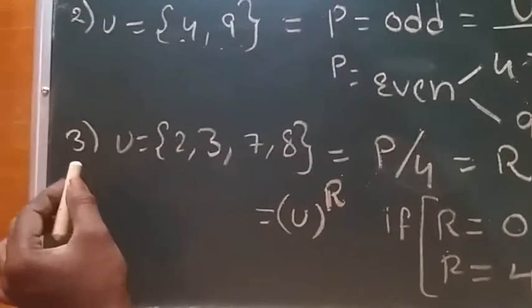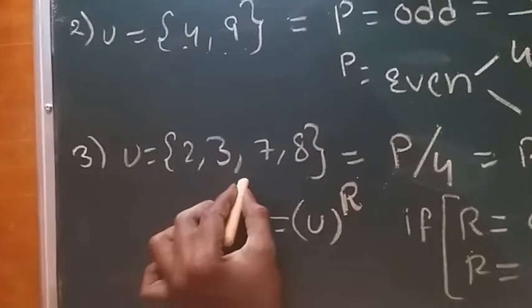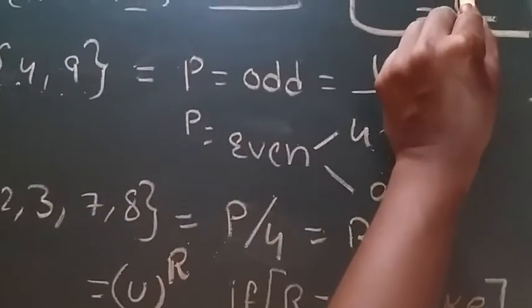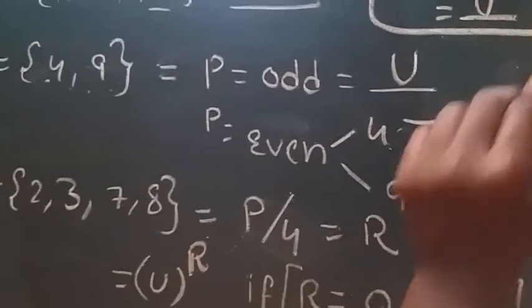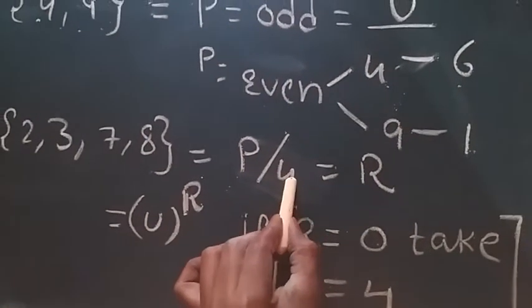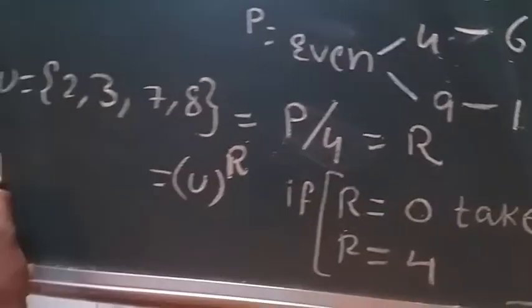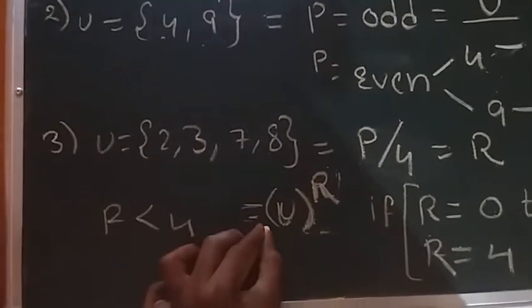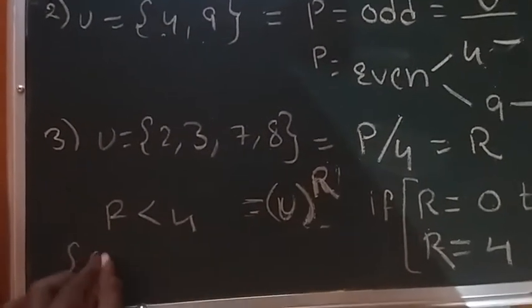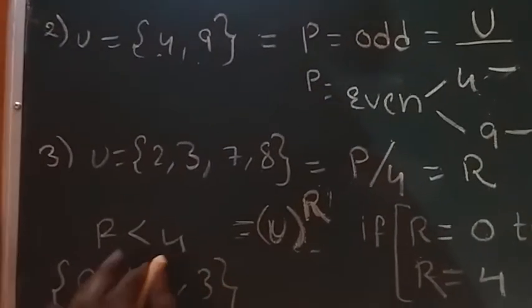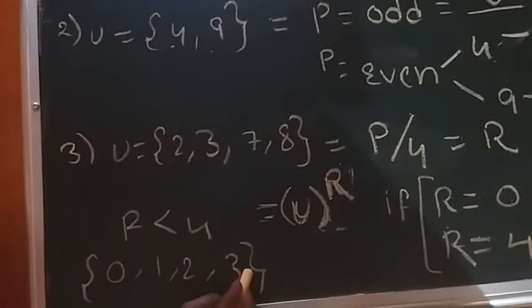See the third set. The third set has the digits 2, 3, 7, 8. Whenever you have units place 2, 3, 7, 8, please divide the power by 4 and check the remainder. The remainder should be less than 4, which means you will get the remainder either 0, 1, 2, 3.